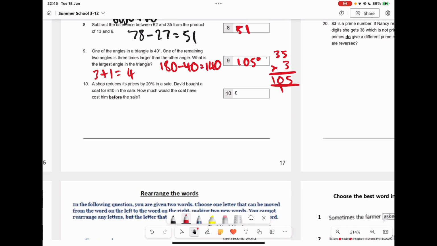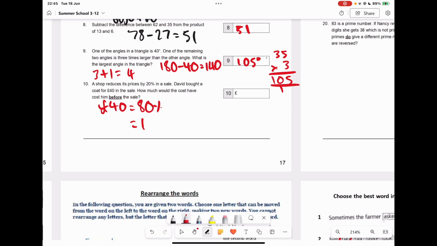Question 10. The shop reduces its prices by 20% in a sale. David bought a coat for £40 in the sale. So how much would the coat have cost him before? So if the price was reduced by 20%, we know that 40% is 80%. No, £40 is the equivalent of 80%.